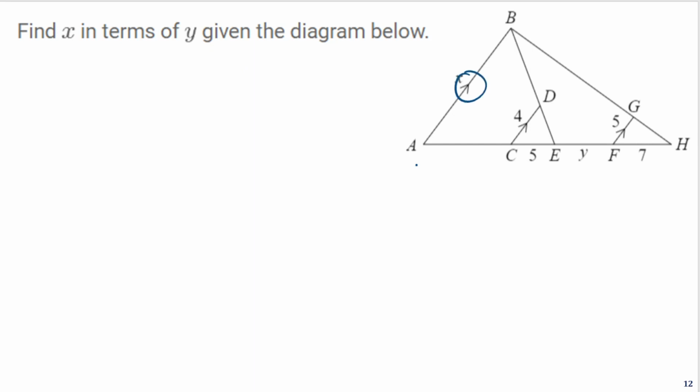Okay, remember these arrows here indicate we have a set of 3 parallel lines. AB is parallel with CD, which is parallel with GF.